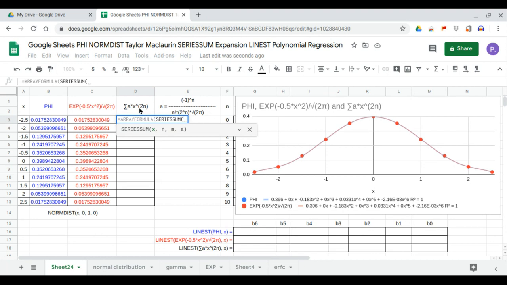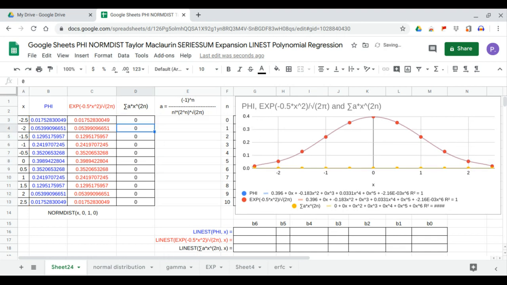So x to the 0, x to the 2, or x squared, x to the 4th, and x to the 6th. So the starting power is 0, but the interval of the power will be 0, 2, 4, 6, because 2 times 0 is 0, 2 times 1 is 2. So the interval will be 2. And the coefficient will be this range. So we're gradually getting there.